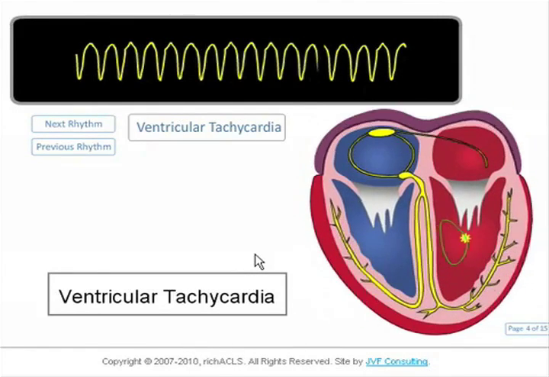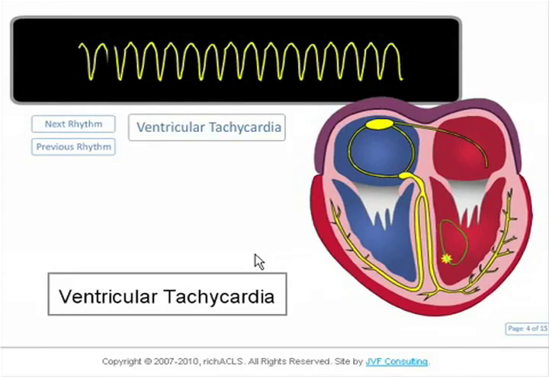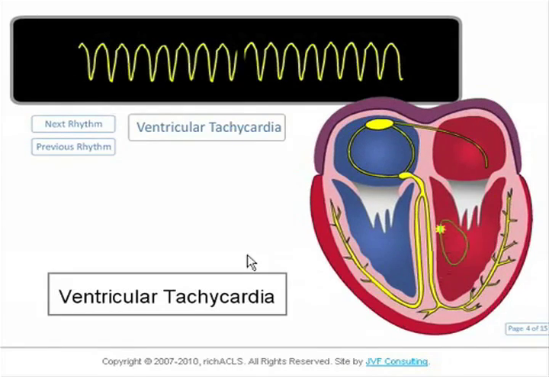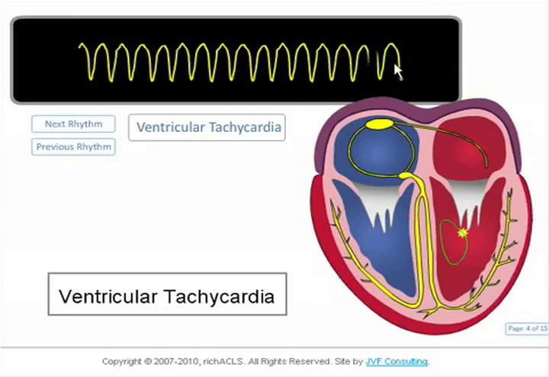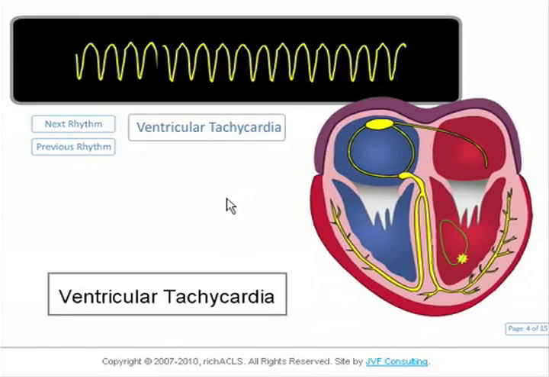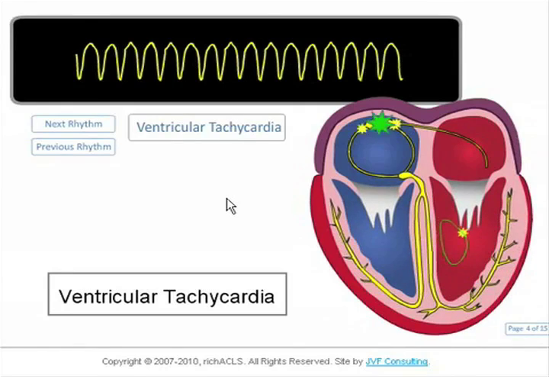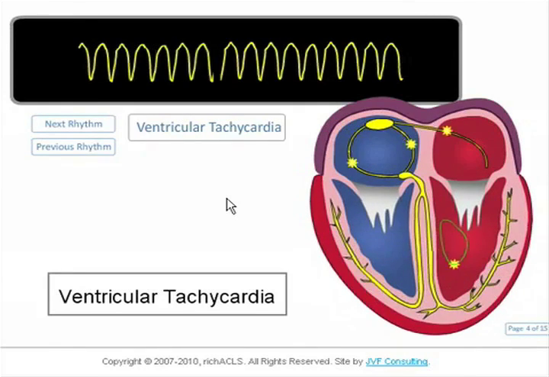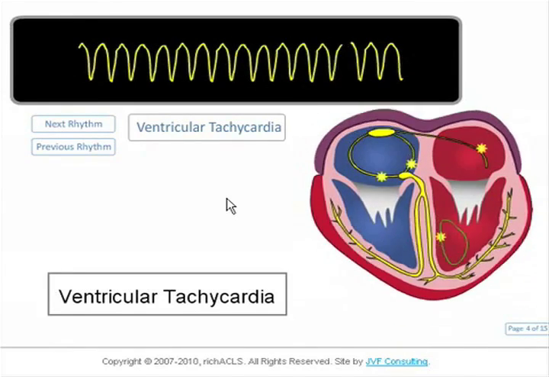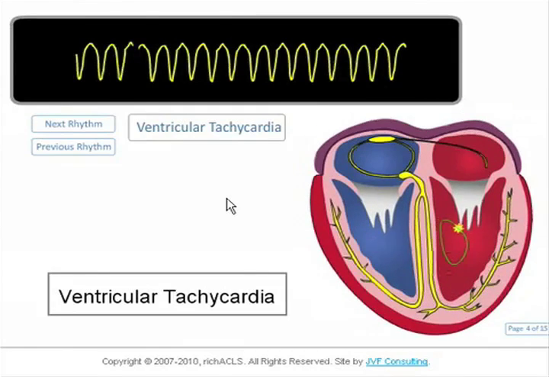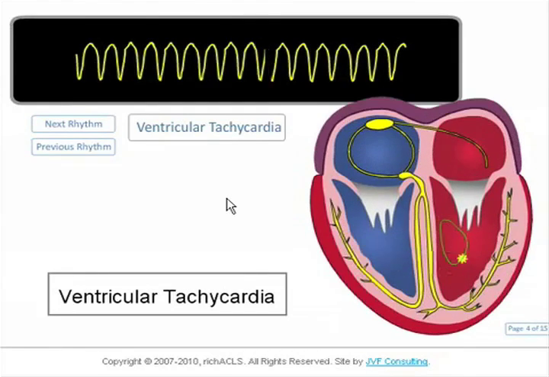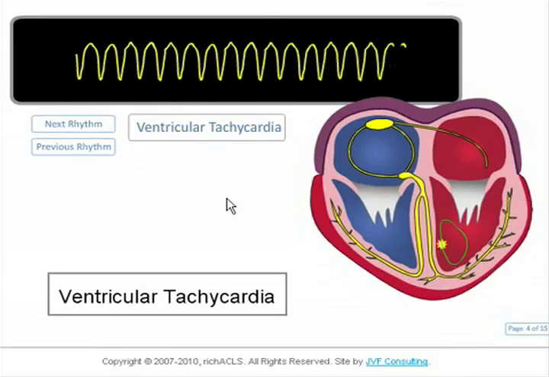A ventricular rhythm faster than 100 beats per minute is termed ventricular tachycardia. It's important to note that ventricular tachycardia can be relatively stable or unstable depending on the rate and condition of the heart. It's not uncommon for a patient to walk into the ER complaining of a fast heart rate, only to find them in ventricular tachycardia.